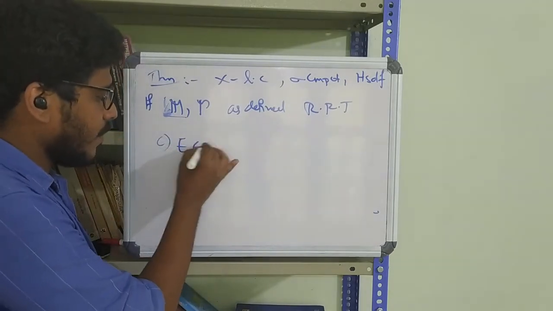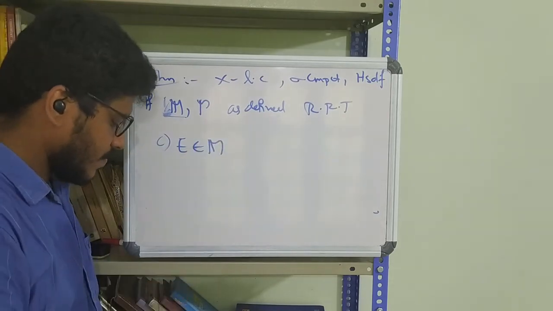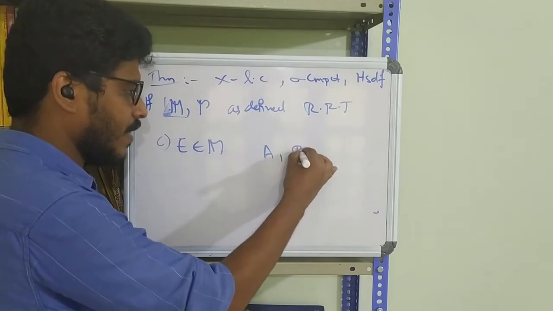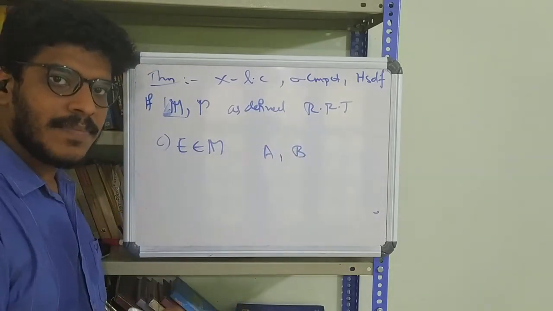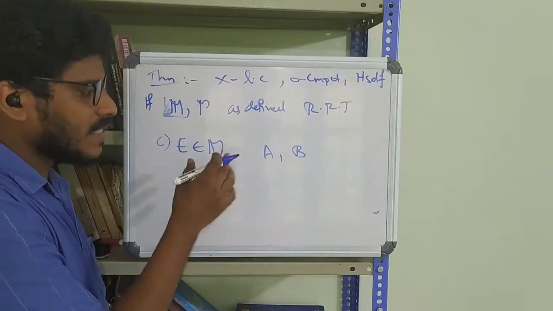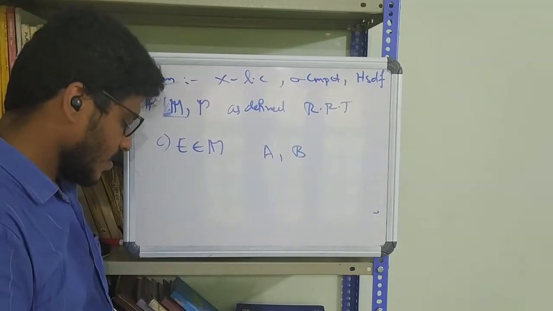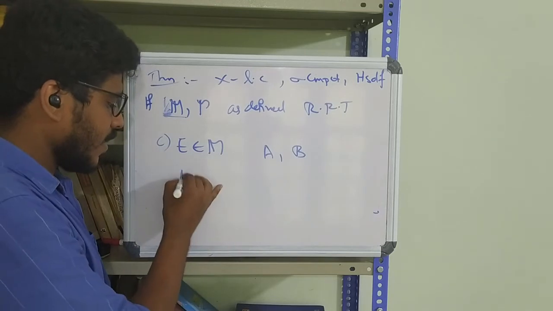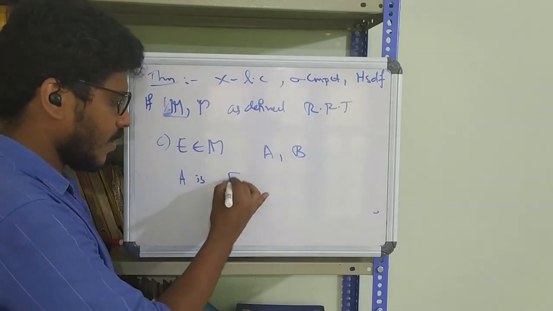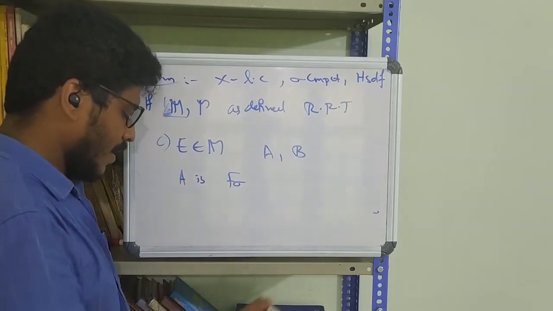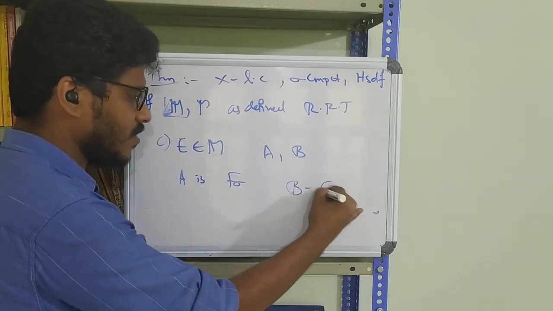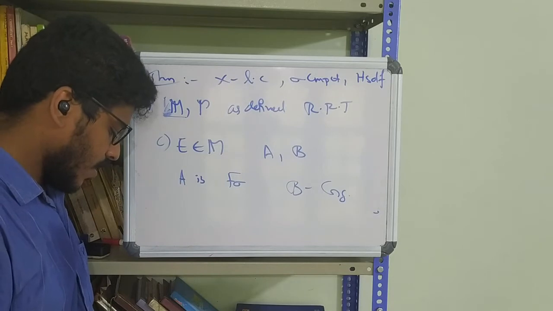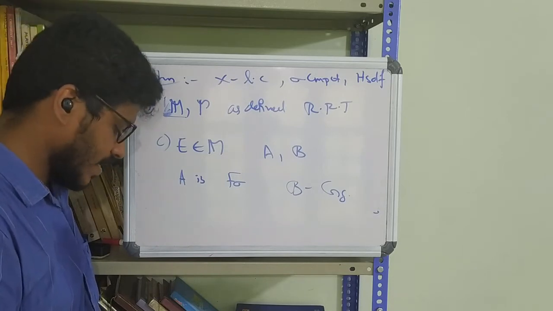And the third property, C: if E is any measurable set, then there exist sets A and B. We were discussing open sets and closed sets so far. Now these two sets A and B are such that A is F sigma and B is G delta. I hope you remember what F sigmas and G deltas are.